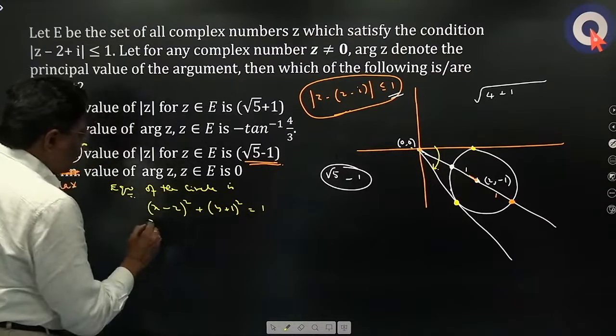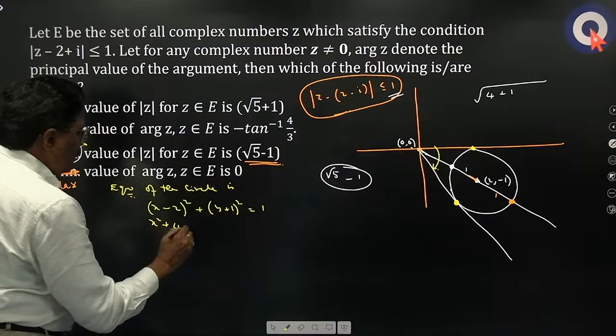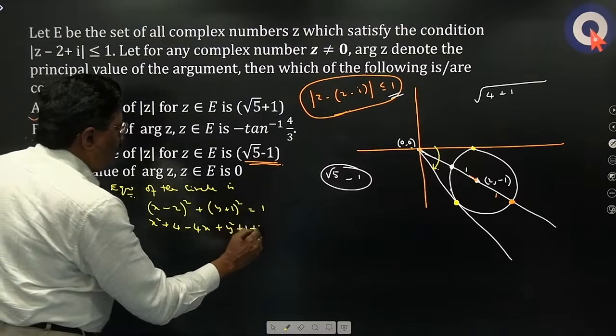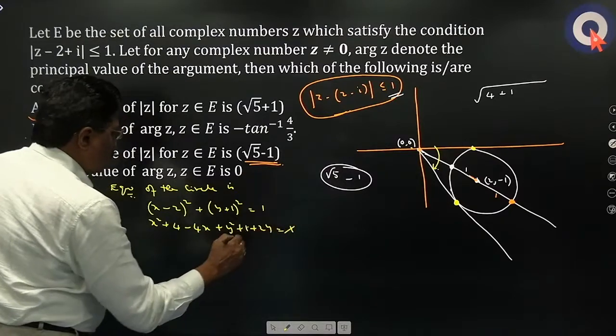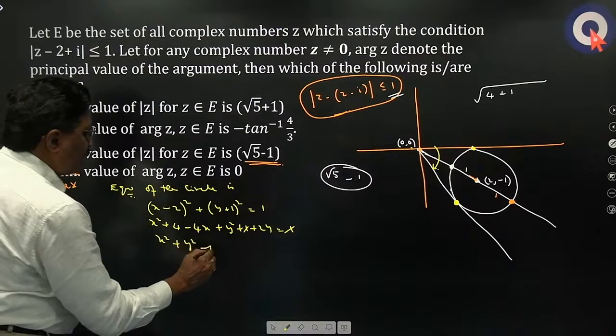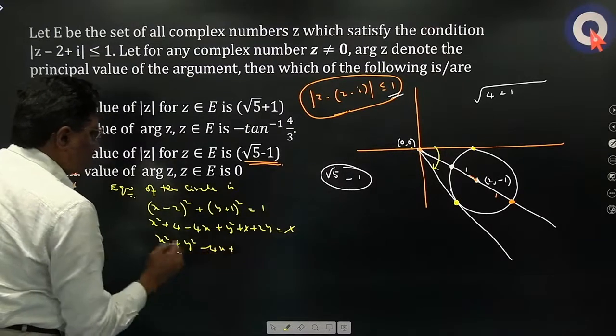So this is x square plus 4 minus 4x plus y square plus 1 plus 2y is equal to 1.